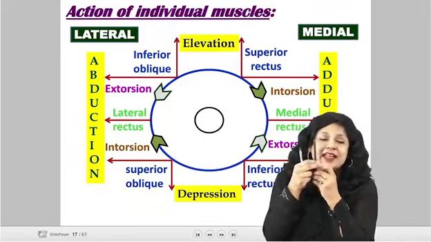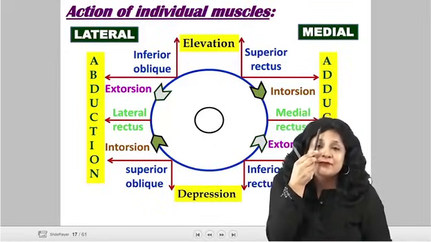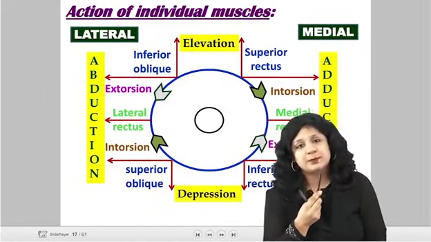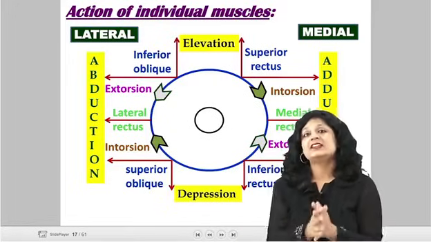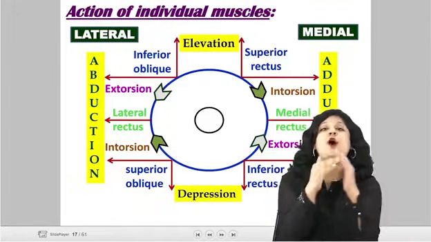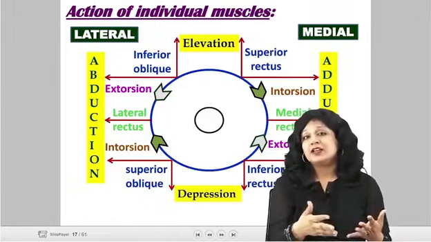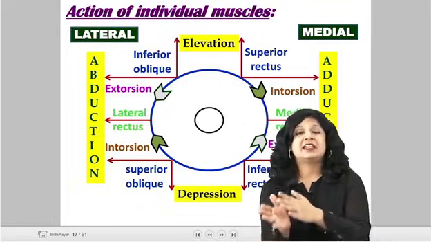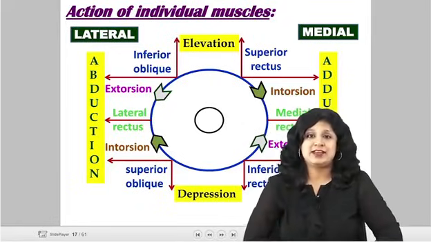In the adducted eye, elevation will be done by inferior oblique, and in the adducted eye, depression will be done by superior oblique. The reason being that they are O for oblique and O for opposite. So here opposite will work. That means superior oblique will depress and inferior oblique will elevate.